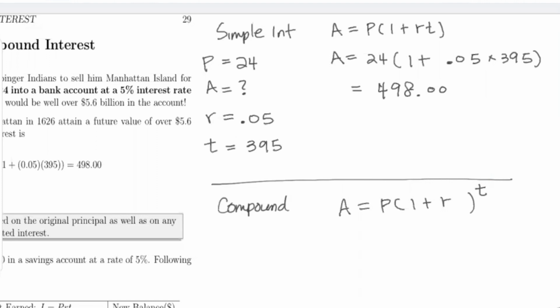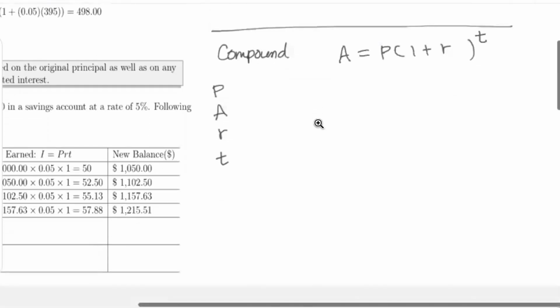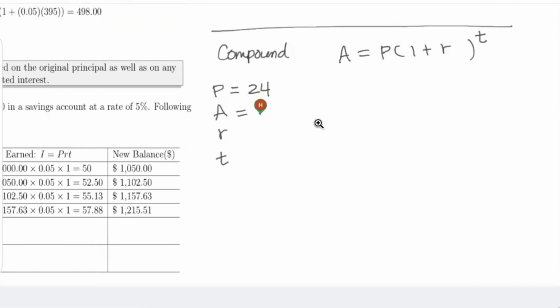In simple interest, you multiply by time. In compound interest, you put it as a power, because it's interest over interest. Same thing, A equals P(1 plus R) to the power T. For compound interest, P is $24, we do not know the future value, and the rate is still 0.05 for 395 years.